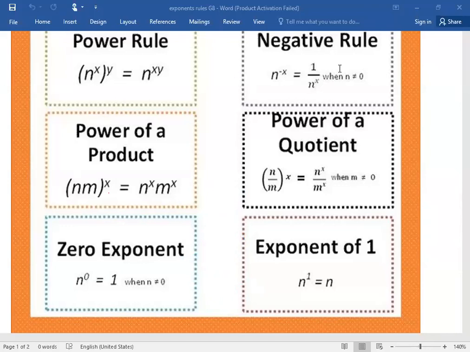If I have x to the power of 3 multiply x to the power of 2 over x to the power of 4. Oh, this question has something different.